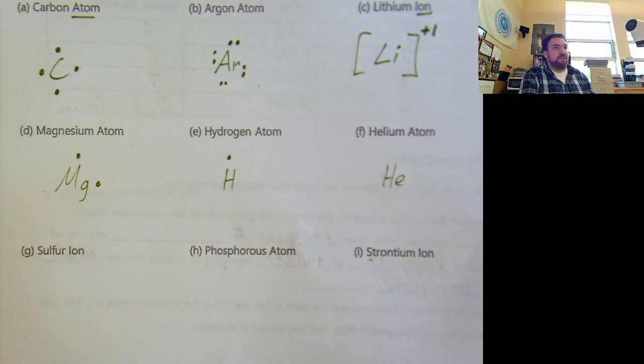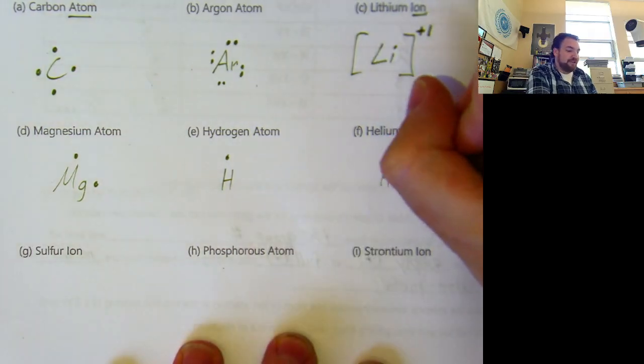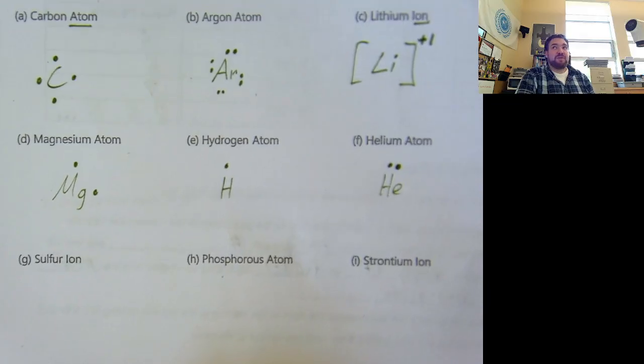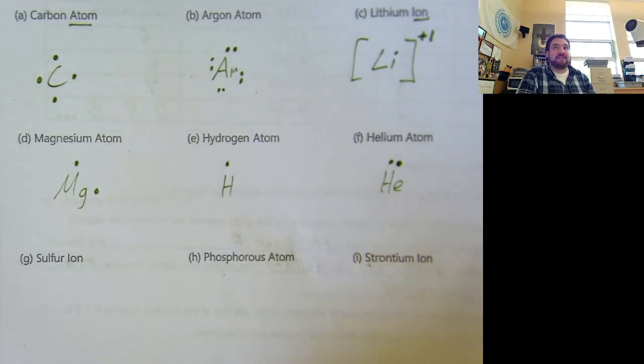First shell can only hold 2. So those ones have to go side by side. Helium's the exception. And things get weird as we go below argon, but I'm not going to ask you to draw anything bigger than calcium because things get silly there, as Jihad saw. Because she asked some good questions. And there's a good reason why we don't talk about them in grade 10, because things get silly.